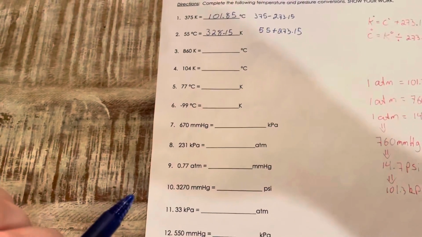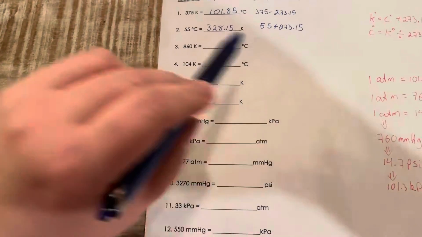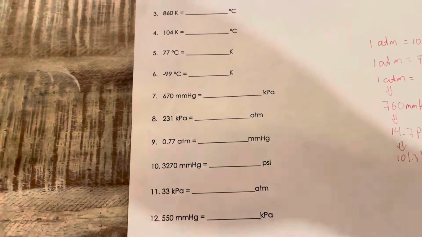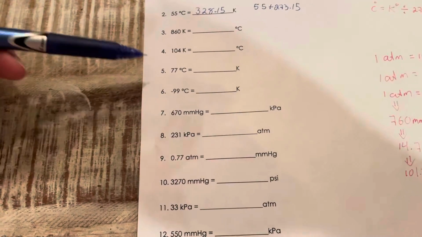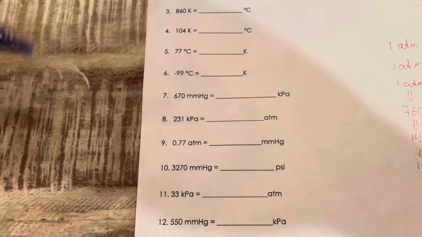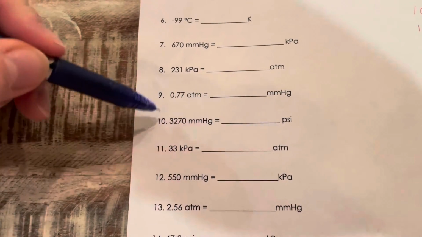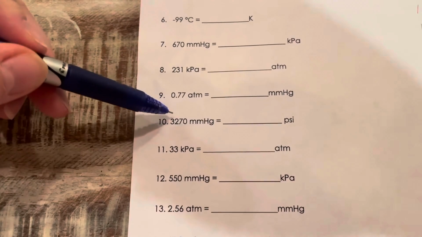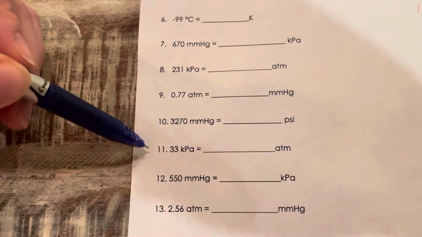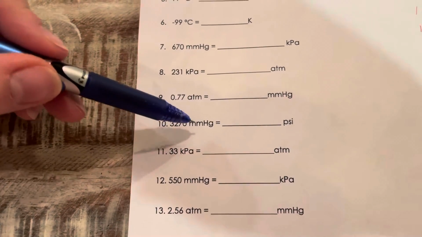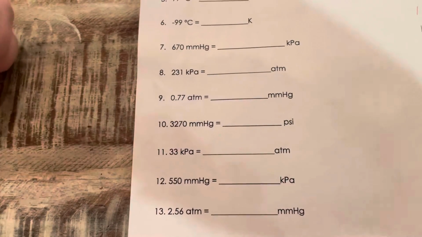So when it comes to these pressure units, I'm going to do some of the more difficult ones where it's not going from atmosphere or to atmosphere. That's obviously one of the easier ones. So let's do number 10 over here. I have an old-fashioned way of measuring pressure for weather, 3,270 mmHg, where Hg is from mercury.